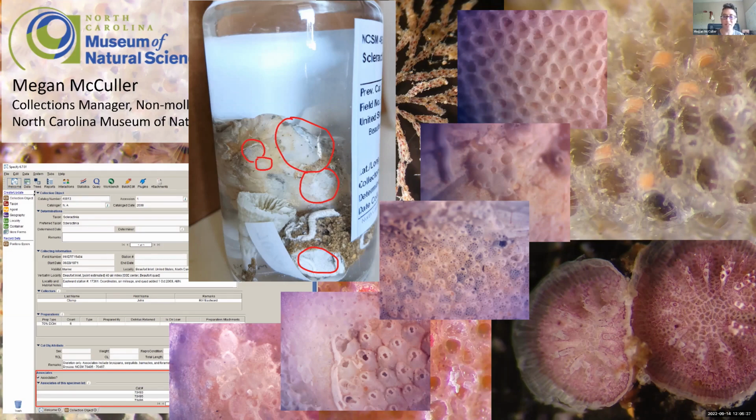And in addition, adding to the known biodiversity of the North Carolina southeastern region of the US, because there's a huge knowledge gap in that area for bryozoans. And there's really not that many people that study bryozoans worldwide. I'm one of 2 or 3 people in the US, so not a lot of people.